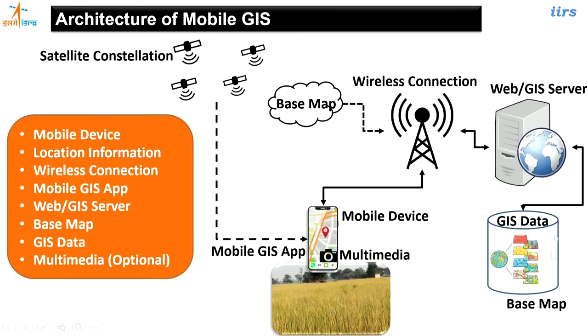Once it is hosted in my GIS server, I can fetch base maps from the central server of this workflow into my mobile. So the base map can come either from the cloud or from a local server, meaning the server which you have set up yourself for your application.